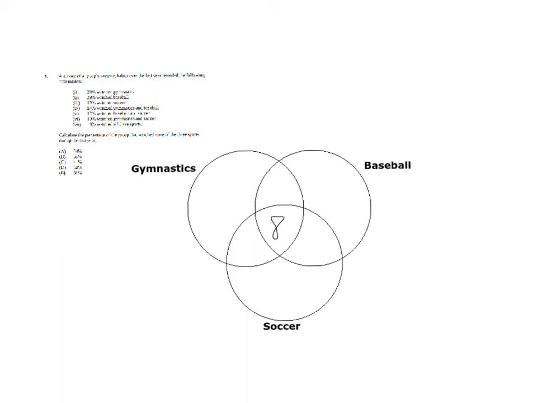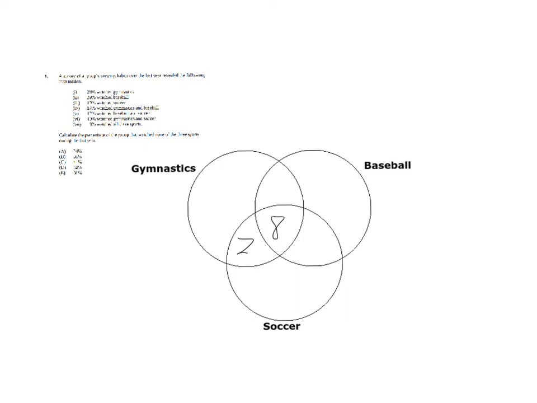And then we work our way towards those that have two categories intersecting, and then one category only. If you look at the next one up, 10% watch gymnastics and soccer, well, 8% of that is already accounted for, which means there must be a remaining 2% in this space right here in order for that intersection of gymnastics and soccer to be 10%.